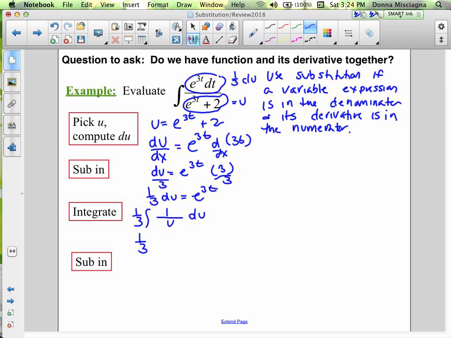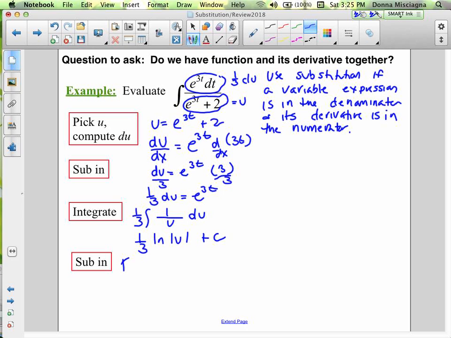1/3, whose derivative is 1 over something? So 1 over just a little something in there is going to be natural log. So this is natural log of u, and we'll put that in parentheses. And then plus c. All right, so now we'll just substitute back.